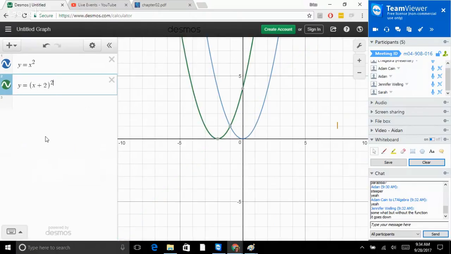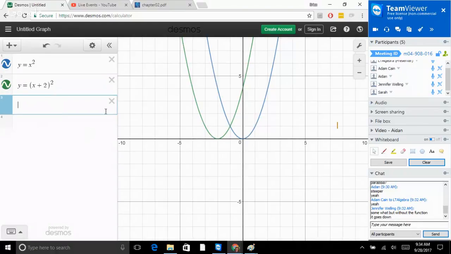All right. So remember, when it's inside of the function, it's not quite as intuitive, but at least it's intuitive that it moves. So when we add inside the function, we actually shift to the left horizontally. So usually when you think adding, I think going up or to the right.